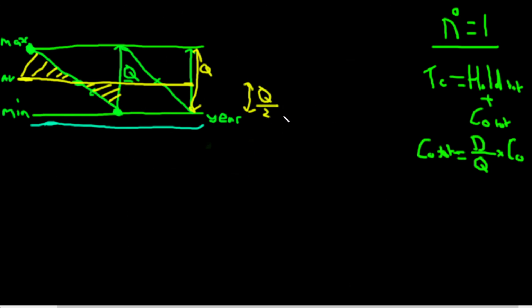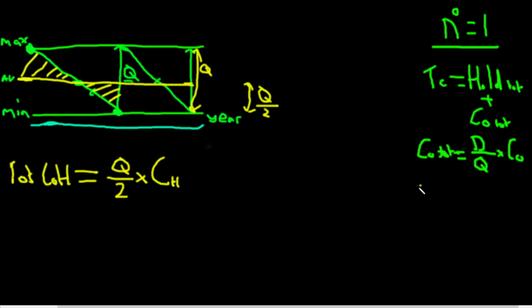Okay, so our second formula, which is your total cost of holding, is your average inventory amount, which we've worked out as Q over 2, times the cost of holding for the year, and that is our second equation.